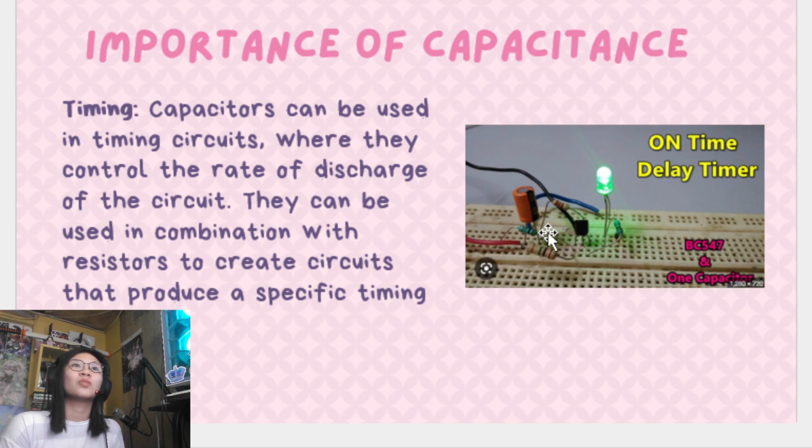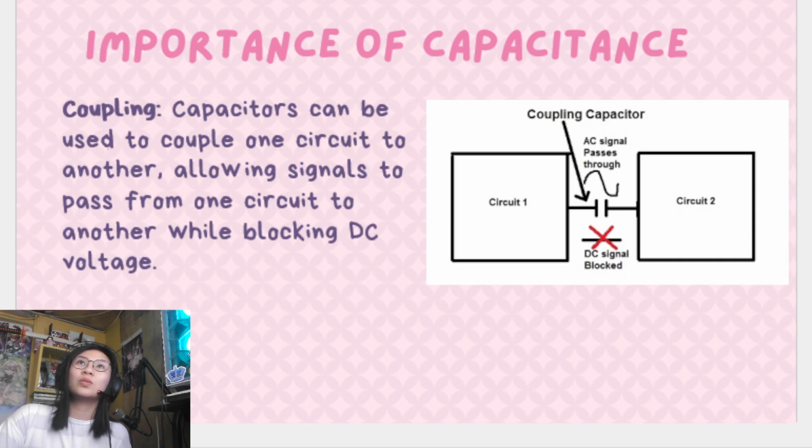Okay? So, bale, mo provide si capacitor og energy, mo on si LED light. Then, si resistor dayon siya ang mo off. Then, on. Something like that. That is timing. Next is coupling.